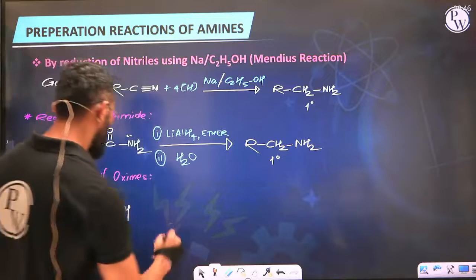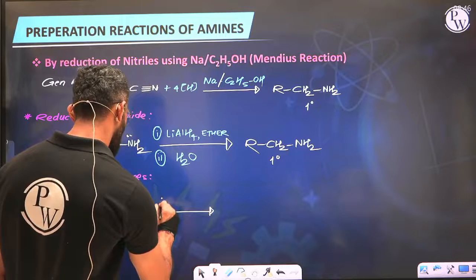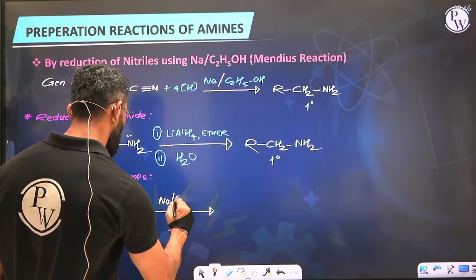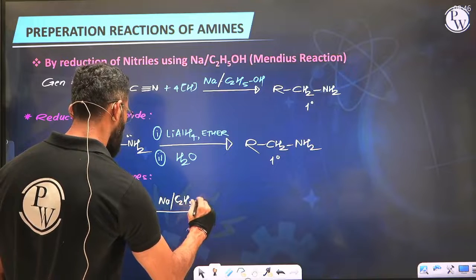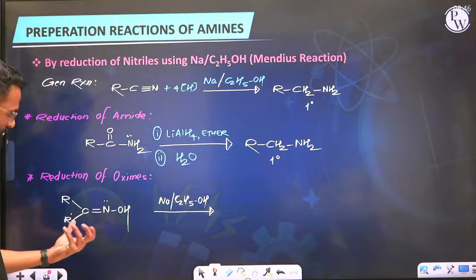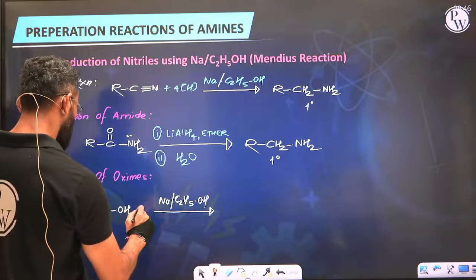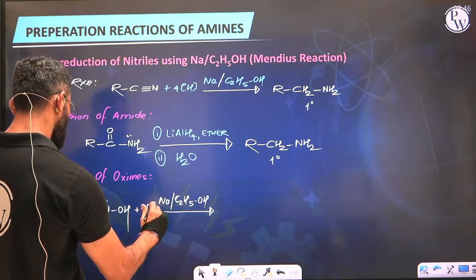Well, we will allow this to react with sodium metal in ethanol. Sometimes you will find sodium metal amalgamated and then ethanol, and you treat this with oxime. So this will be converted, let's say 4 nascent hydrogens have been used from this metal acid combination.